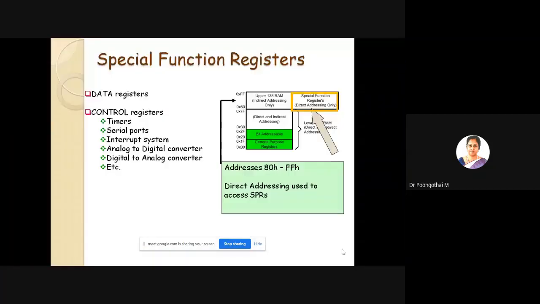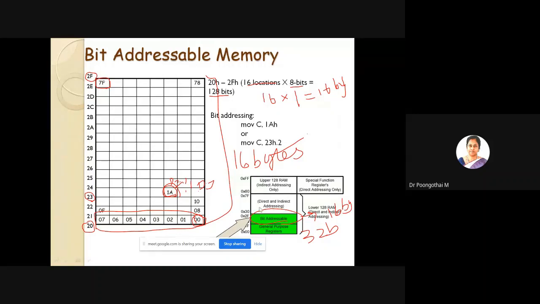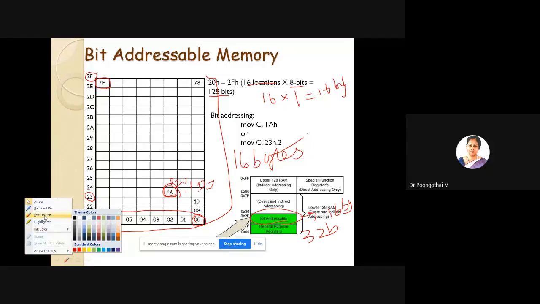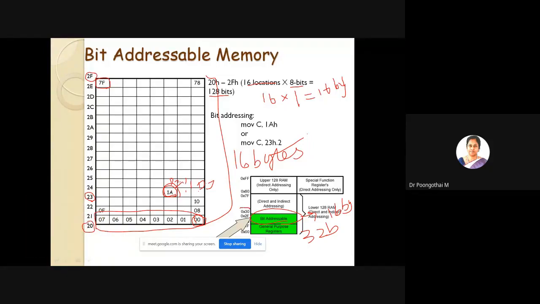Next area: this is the direct or indirect addressing region, that is 30 to 7F. The memory space 30 to 7F is used as general purpose scratch pad memory. These locations can be read or written anytime for any purpose.